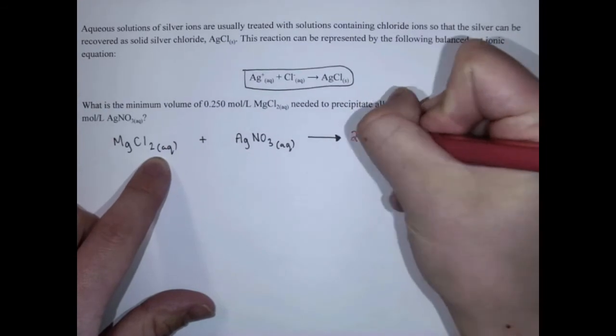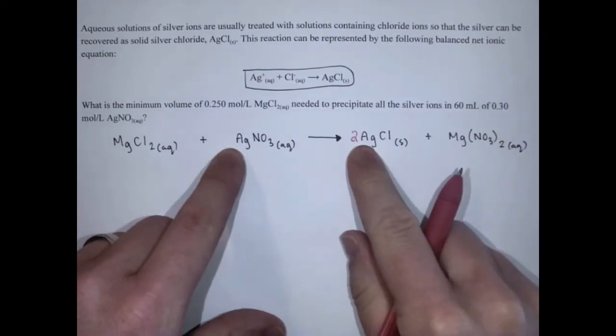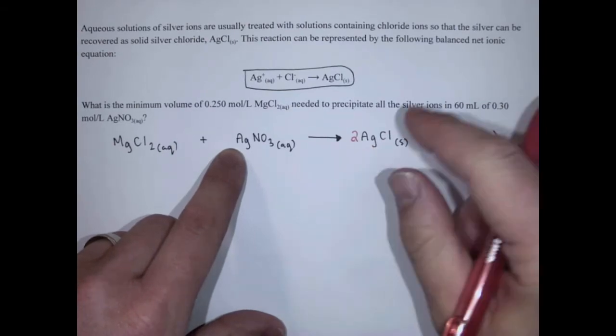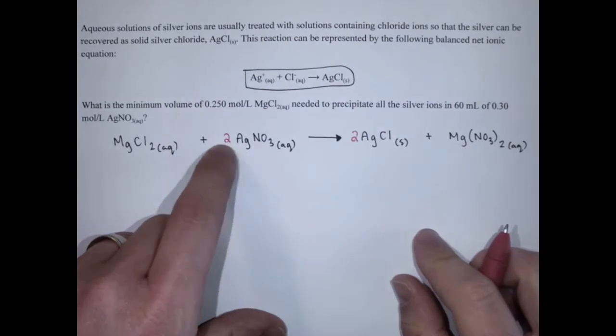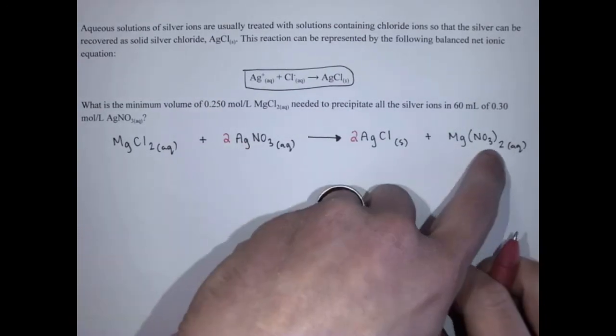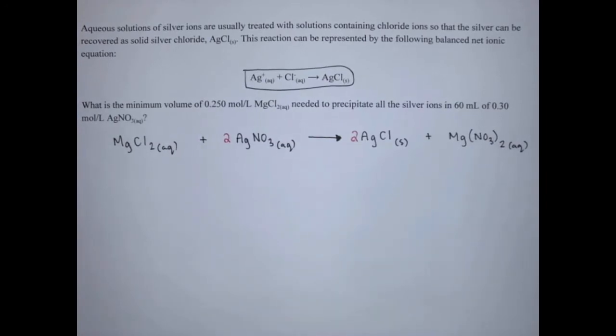That means we need to have 2 on the right. Once we put a 2 here, that means we need to make sure we have 2 silvers to balance the silvers. And with 2 silvers, we also have 2 nitrates, but we already have 2 nitrates on the right. So just do one final check. Pause the video here just to make sure it makes sense. Everything's good? Yep, I think it's good.